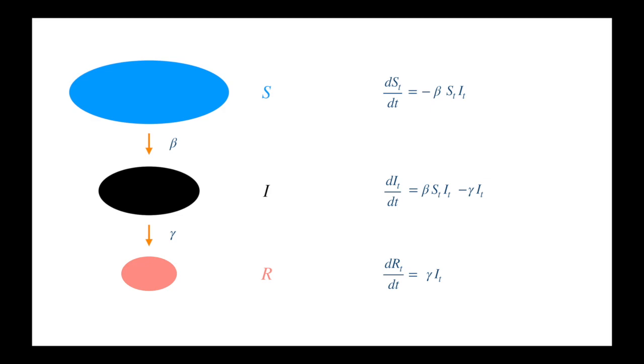The sum of these three compartments gives us the total population. The total population can change over time due to vital population dynamics, births and deaths, but since we are interested in modeling epidemics, which only last for a few months, we can ignore the natural births and deaths and assume n is constant over time, but it's easy to add the births and deaths if one likes.